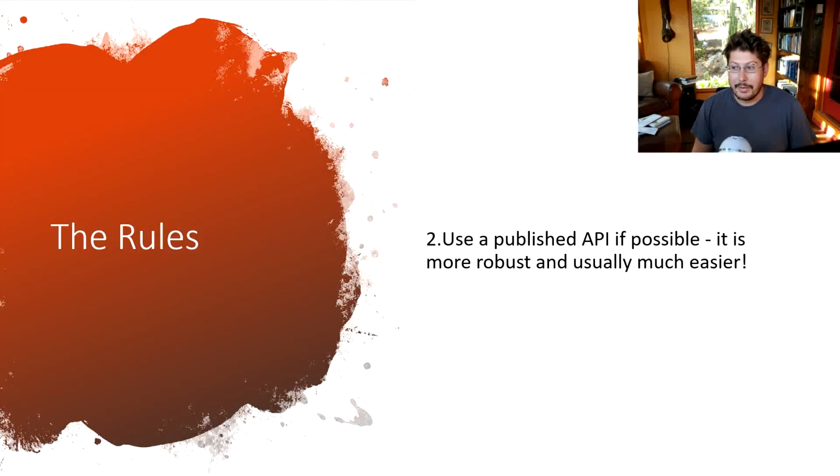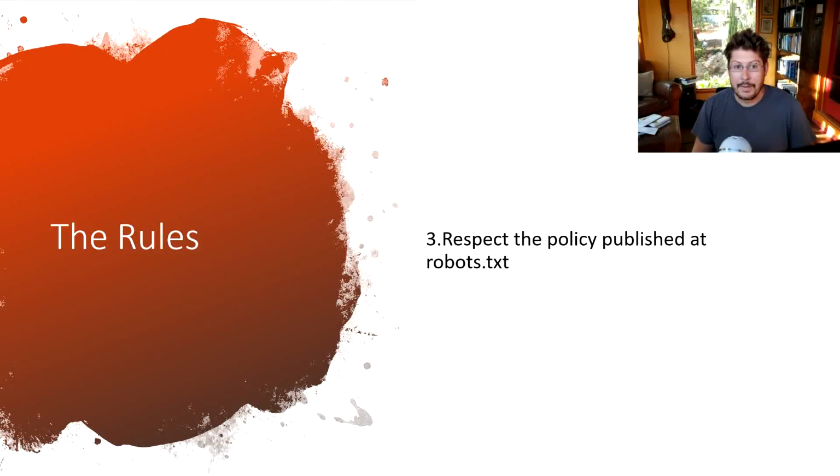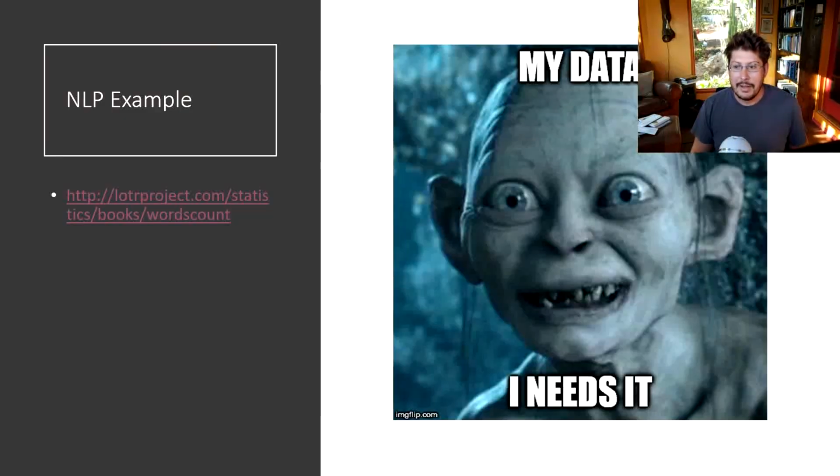Use the place where code is designed to plug in, because it's easier and faster and better. Don't scrape people if they don't want to be scraped. Don't lie about who you are, and follow the rules. Right? Nothing revolutionary, and if you follow this stuff, you should be good to go, and all of a sudden, you can get data from the whole internet, right?